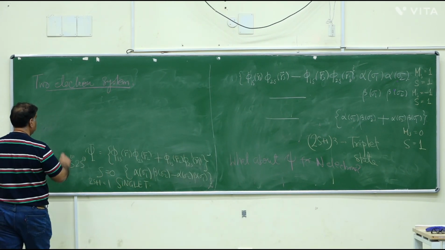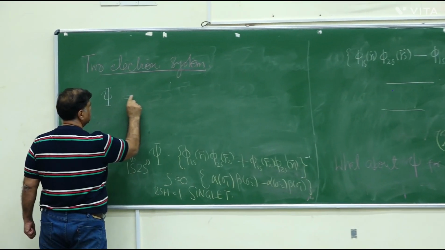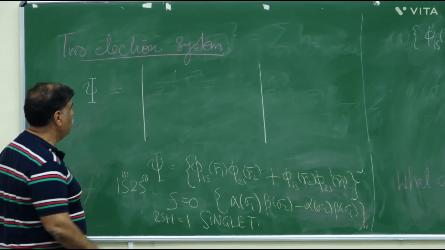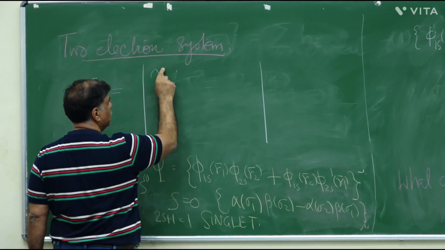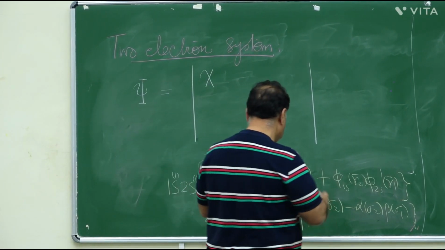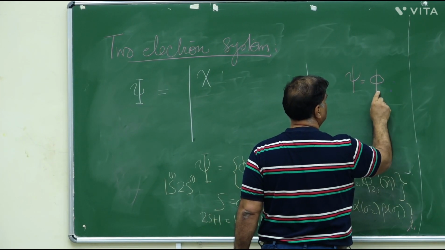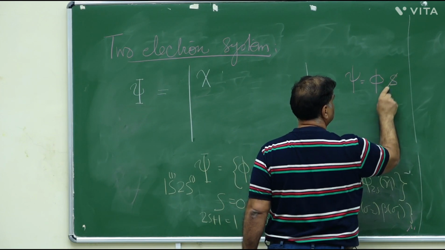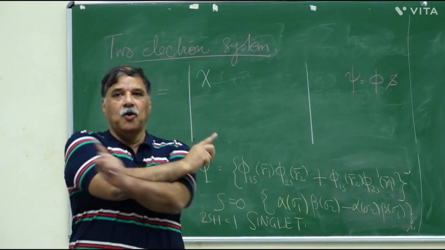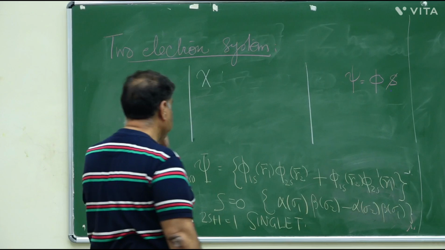Or one of those, and write the wave function psi as a determinant of, remember the spin orbital that I introduced. Just to remind you, the spin orbital is the product of phi and the spin part of the wave function. Because when I do the antisymmetry, it has to be the exchange of all the coordinates of the two electrons. So I have to take care of the spin as well as the space part.